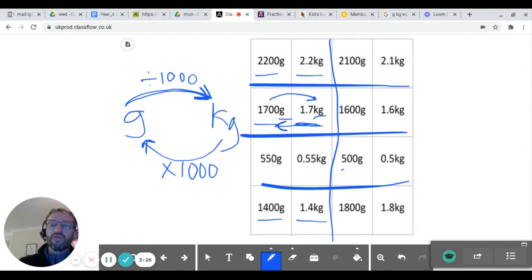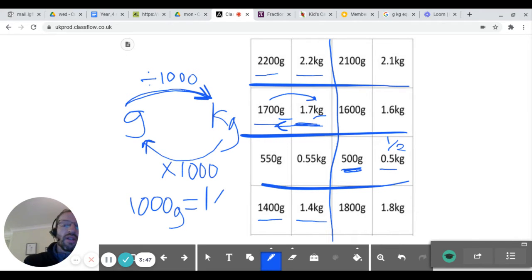You can see that this one here, for example, is showing us 0.5 of a kilogram, and another way of saying that is half. And we notice that 500 on this side is actually half of 1,000, because 1,000 grams equals 1 kilogram.